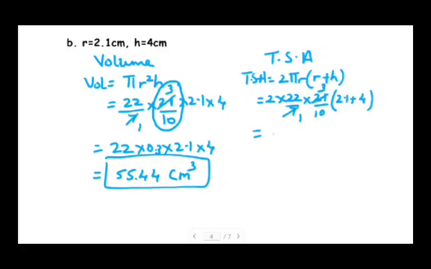So 2 into 22, I'll just write it as 44 into 0.3. I'm converting 3 upon 10 again into 0.3 and into 6.1. And after multiplication, my answer is 80.52 centimeters square, which is my TSA.